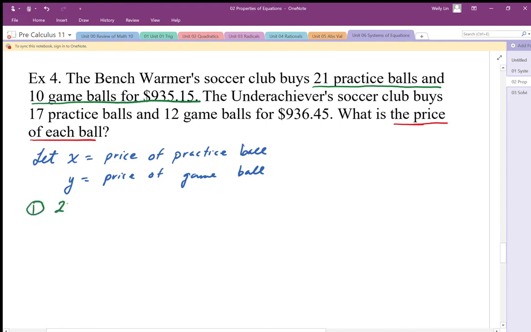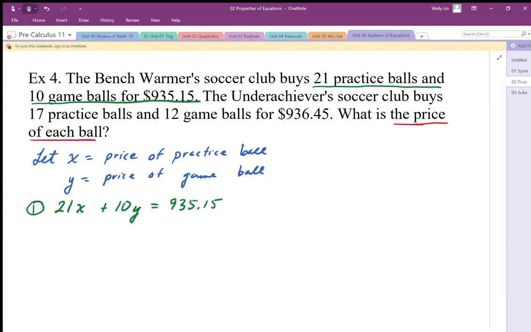So it's going to be 21 times the price of the practice balls plus 10 times the price of the game balls, and that's going to equal the total cost of $935.15.